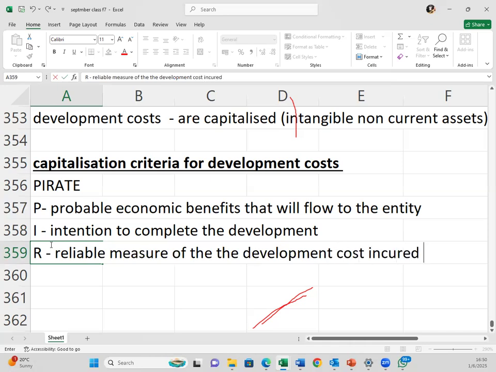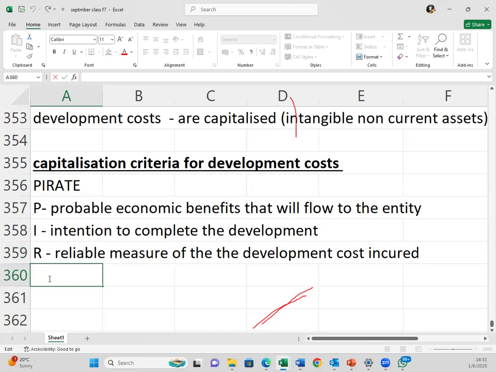We should be able to tell so far how much of the costs we have incurred. If we can't tell, we can't capitalize the cost. So we must have a reliable measure, not guesswork.